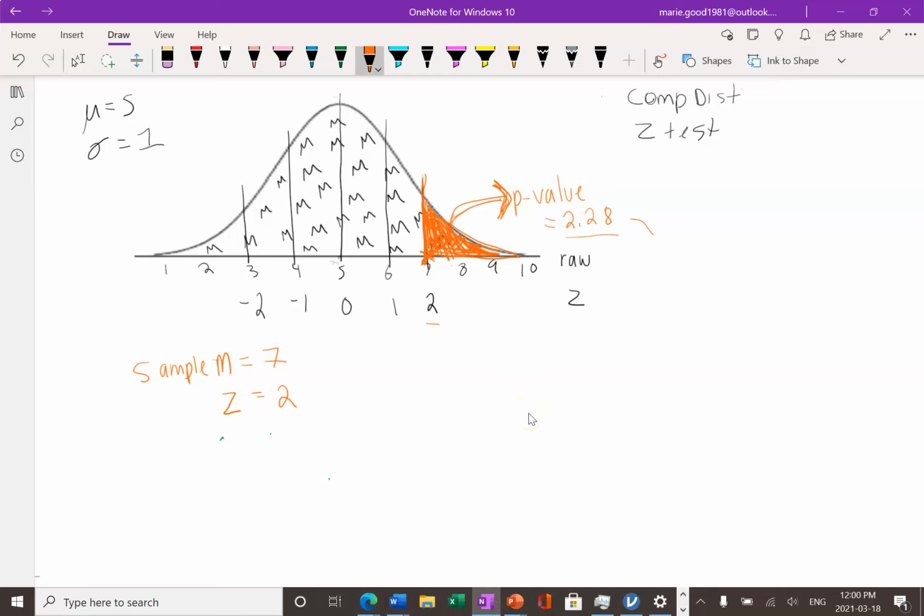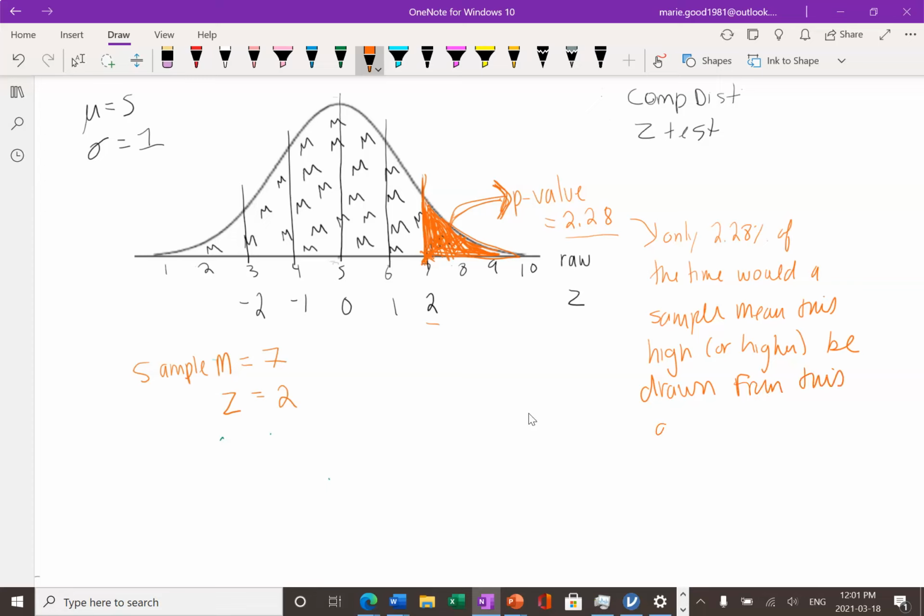which means that only 2.28% of the time would a sample mean this high or higher be drawn from this distribution.